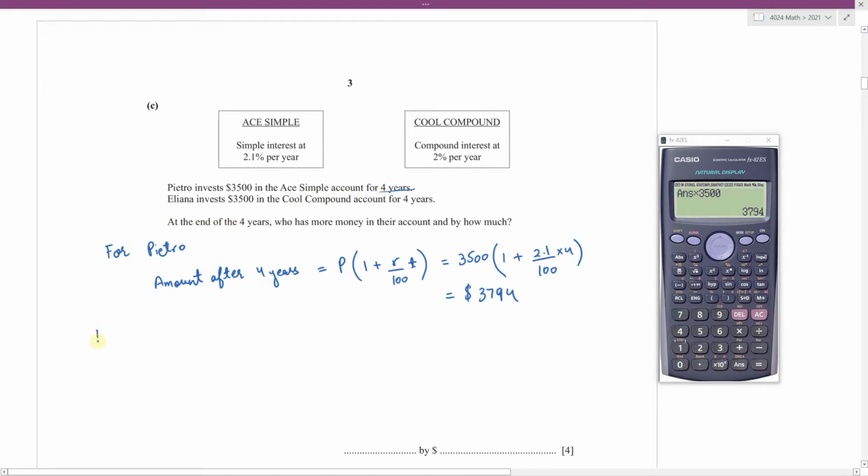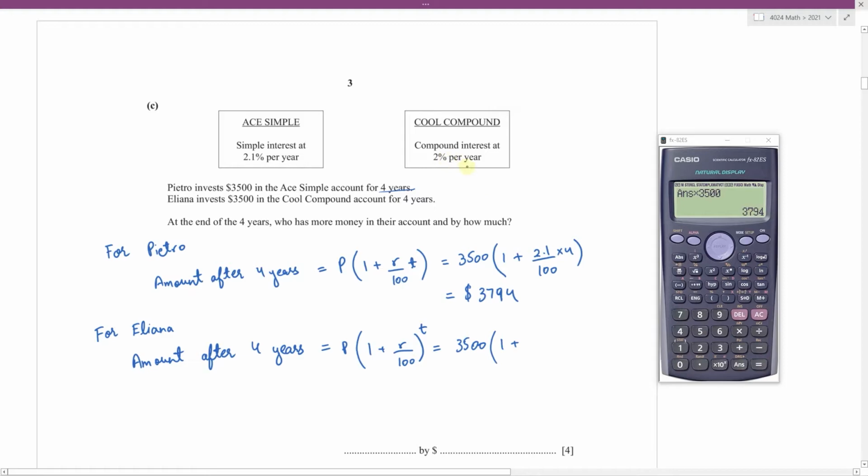Now we'll do the same calculation for Ileana, but since it is compound interest, our formula will be different. So for Ileana, the amount after 4 years: the formula for compound interest is principal times 1 plus rate over 100, to the power t, which is time. Now let's substitute the values. Principal invested is again 3,500.